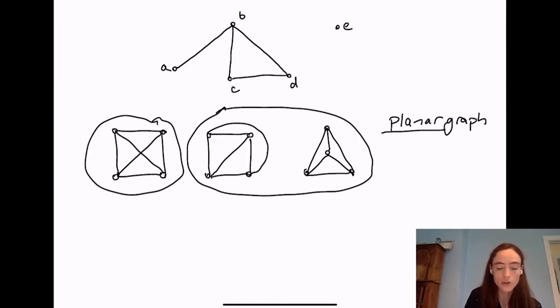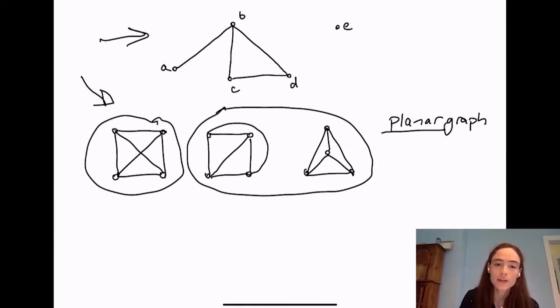So when we don't have any distinguishing information, those are called unlabeled graphs. And when we do have distinguishing information, they're called labeled graphs. So this is a labeled graph, and these are unlabeled graphs. And depending on our application, we might prefer a labeled or unlabeled graph. It just depends on what we're interested in.